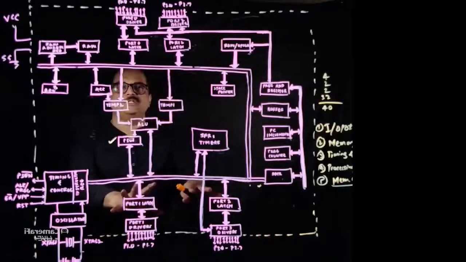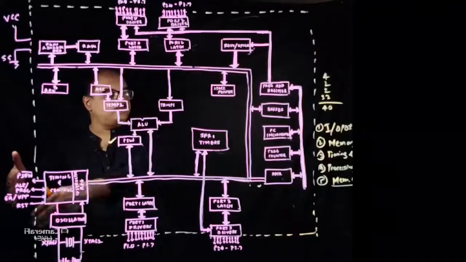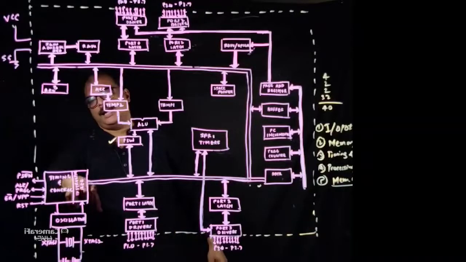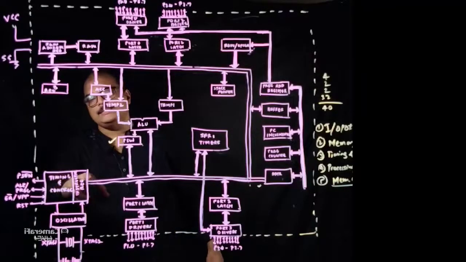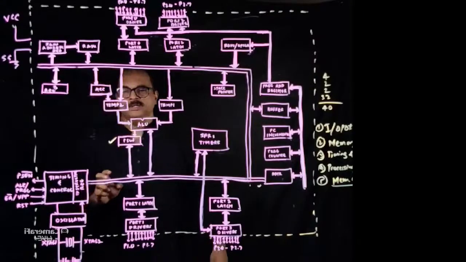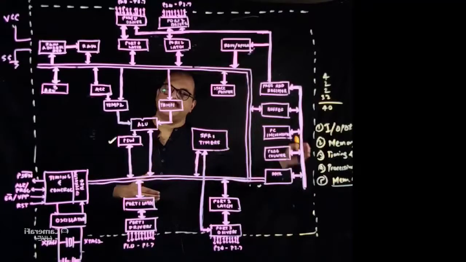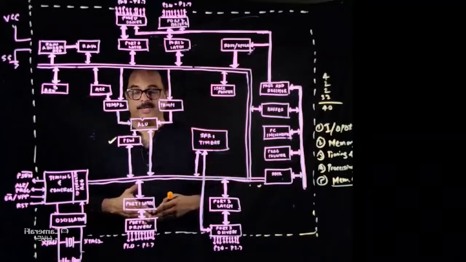We have already seen the latches, we have already seen the memory part, then timing and control. Let us come to the timing and control circuitry. Here you see the timing and control circuitry, and this block is divided into two: timing and control, and the instruction register. Now see what happens, how does the microcontroller communicate with the external memory, or the ROM to be precise.